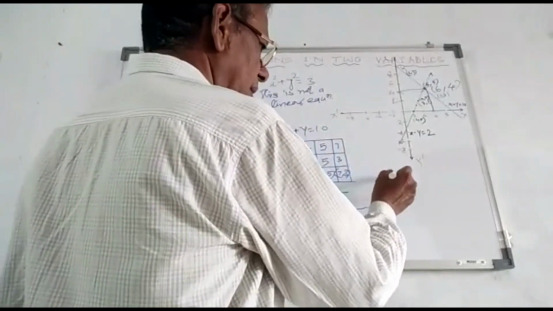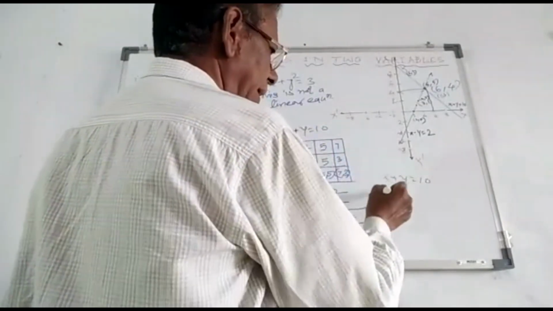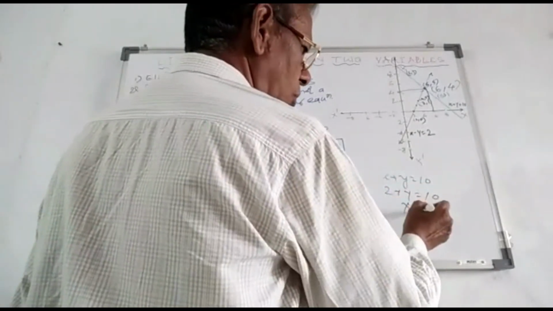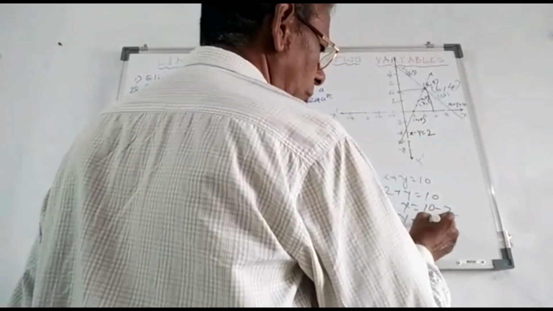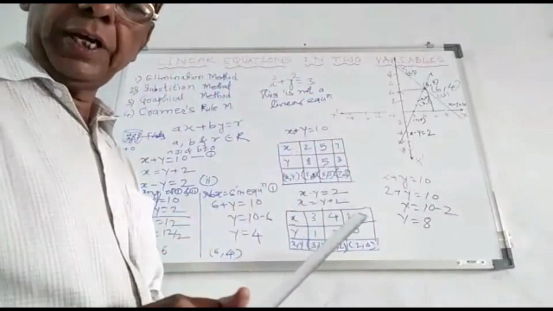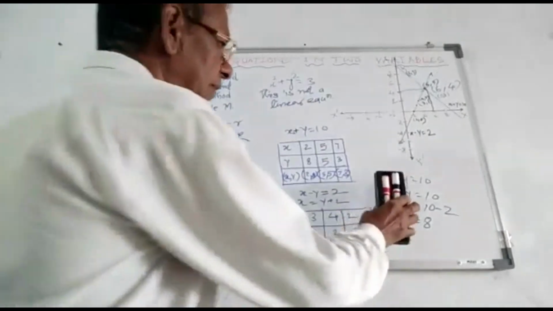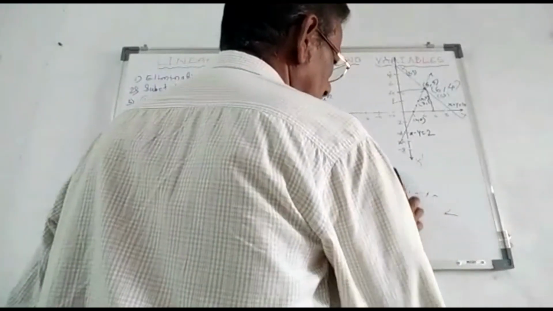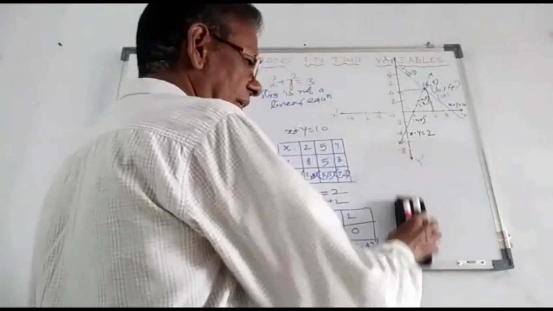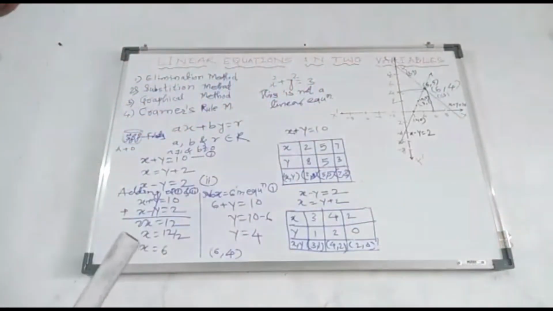Take x equal to 2, plus y equal to 10. So y equal to 10 minus 2, so y equal to 8. Similarly, find out the other 2 pairs. At least find 3 pairs. Why? Because we will get the actual graph.